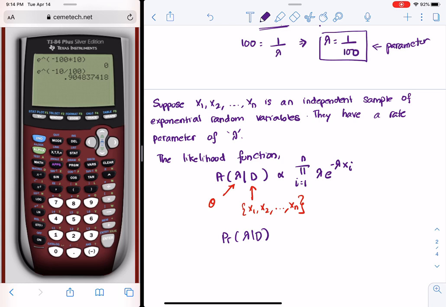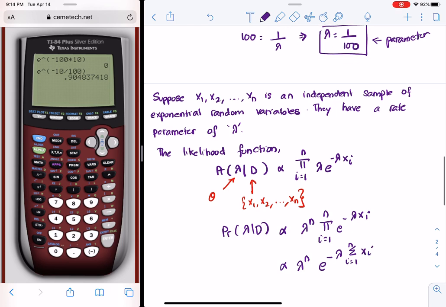So proportional to lambda raised n, I'm multiplying lambda to itself n times. And the bases are identical, so if I keep adding the powers, I would end up getting e raised to negative lambda times the sum of i equals 1 to n of xi.